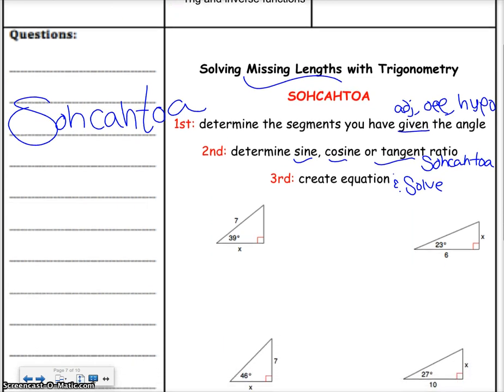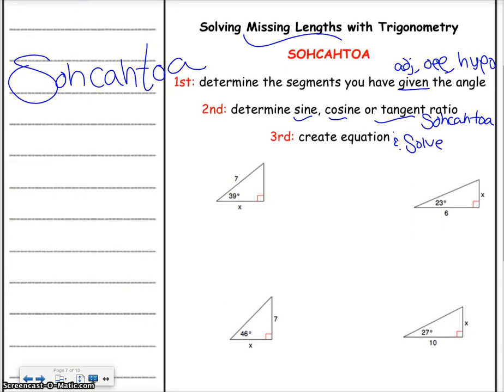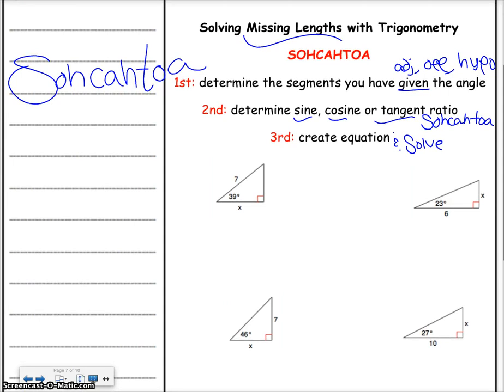So looking at this first one, I want to figure out what x is. I'm given a degree and I'm given two line segments. Since it's a right triangle, I can use trigonometric functions, and I need to determine which one: sine, cosine, tangent. Given my 39, which segments do I have?